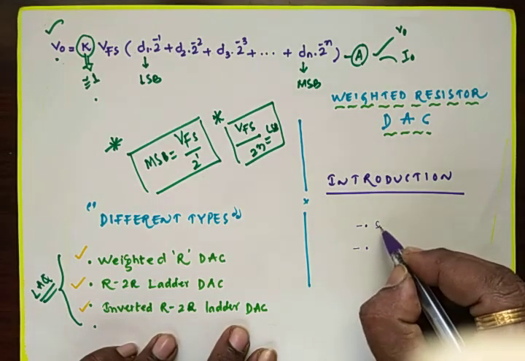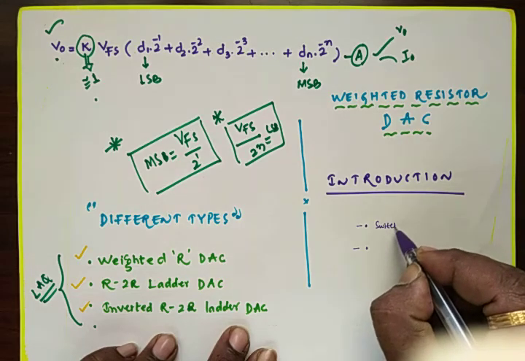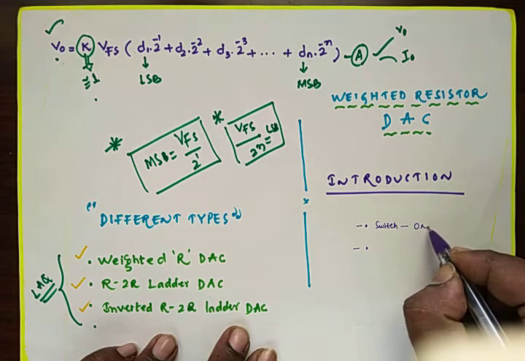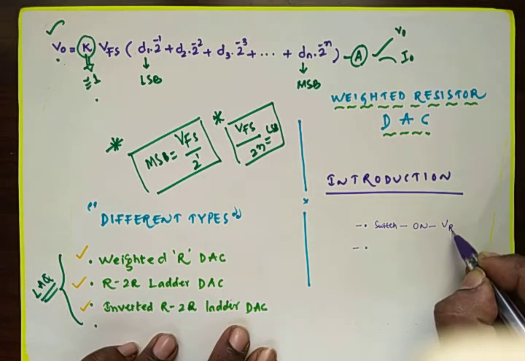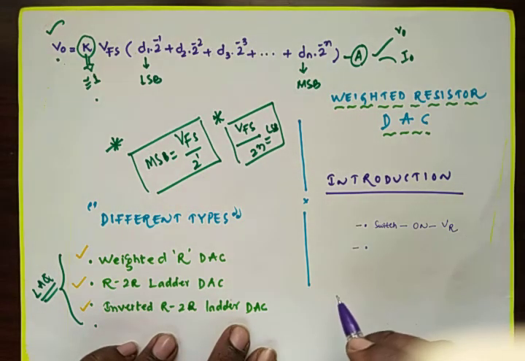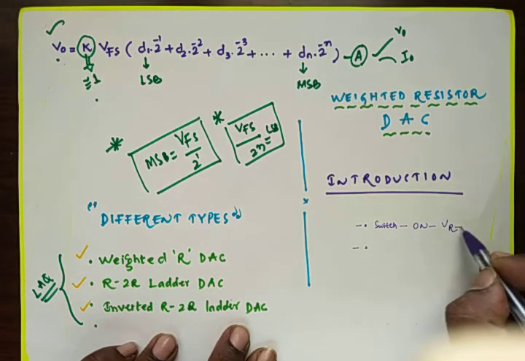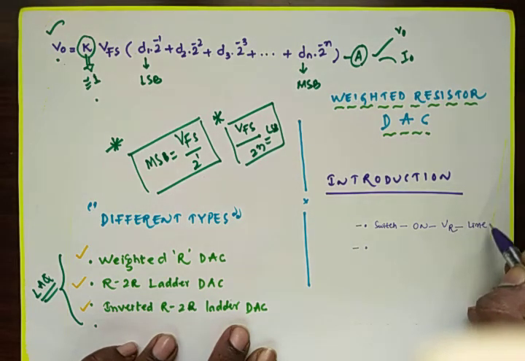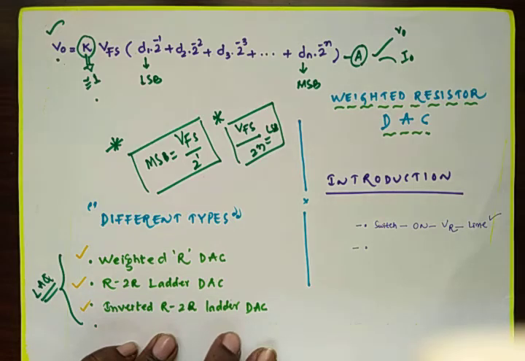If the switch is on, the reference voltage is connected to that line, and the converter converts the digital data into analog.